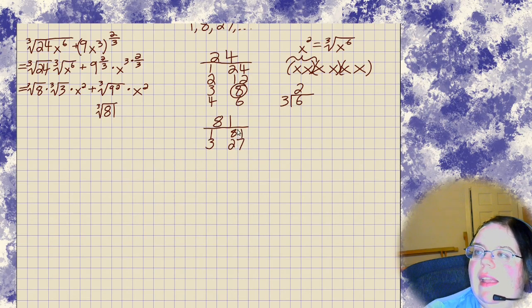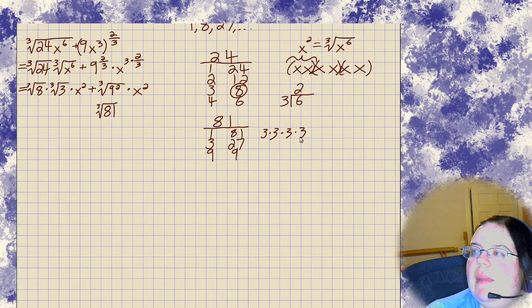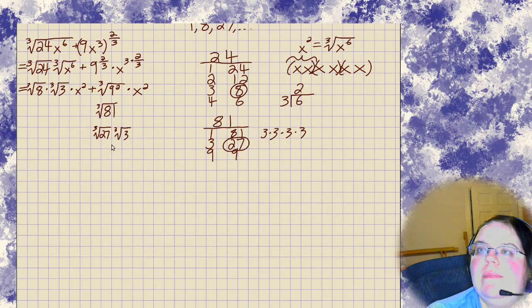Well, I know 81 is not a perfect cube because, again, that's 3 times 3 times 3 times 3, so not a perfect cube. So my greatest perfect cube factor here is 27. So let's go ahead and continue this breakdown. So we'll have the cube root of 27 times the cube root of 3.